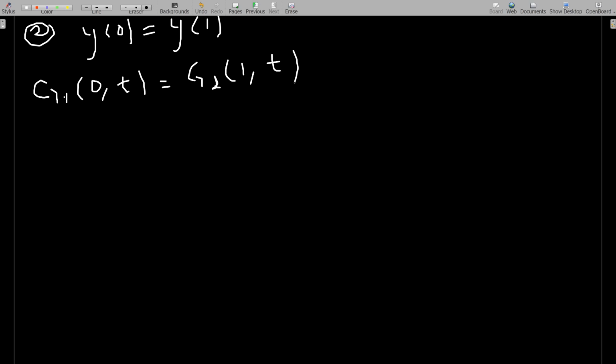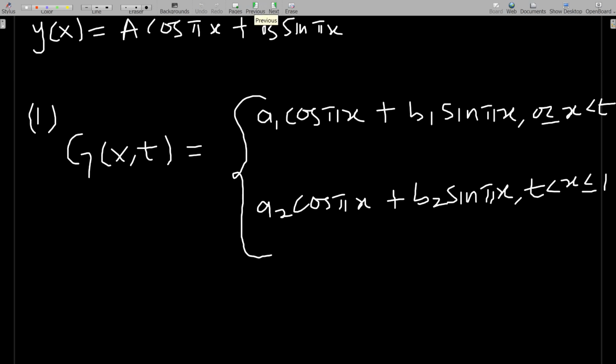If I put 0 in place of x in g1, I get a1 times cos 0, which is 1, so a1, plus b1 times sine 0, which is 0. So I have just a1.